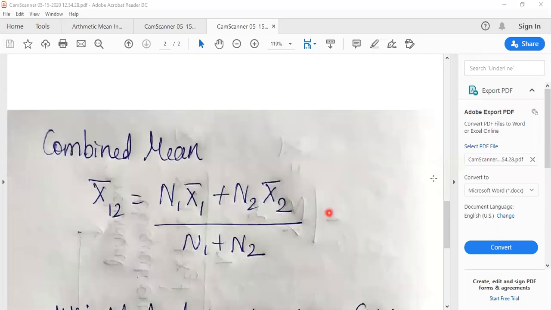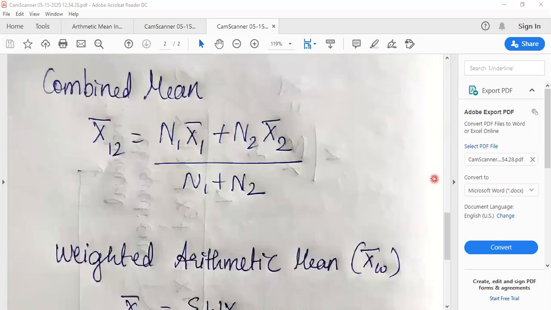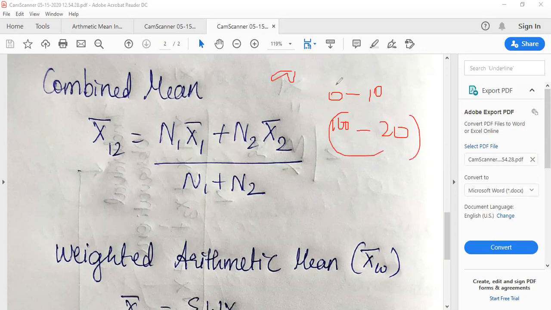Then we also understood what is open end class interval. If they ask you what is closed end class interval, the normal class interval is called closed end, where you have both upper limit and lower limit, like 100 to 200. Open end means above, below, or more than, less than.